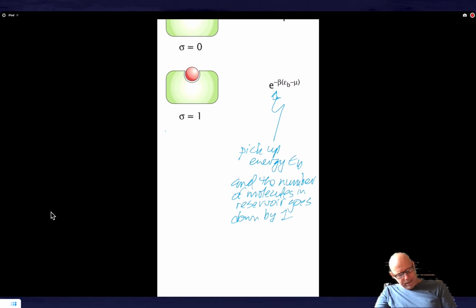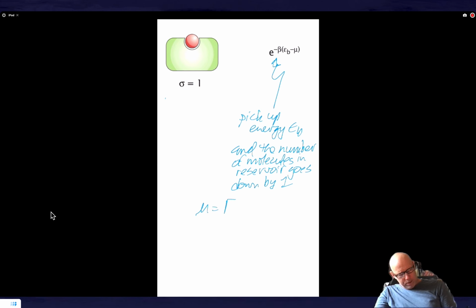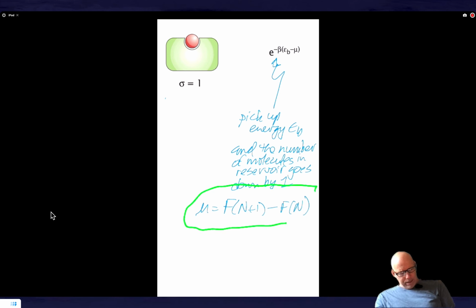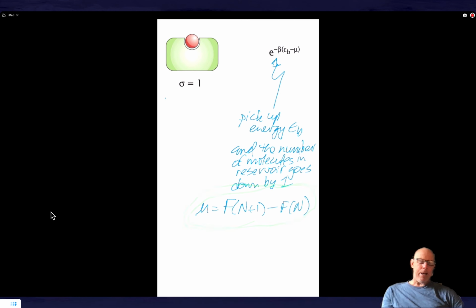Why is that significant? Because remember that mu was defined as the free energy when I have n plus 1 molecules minus the free energy when I have n. And so, as I said before, the cleverness of this, what Gibbs says, is that I don't have to pay attention to the reservoir. I can account for it by defining this quantity known as the chemical potential.